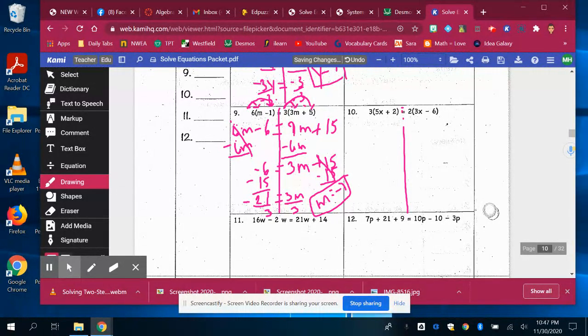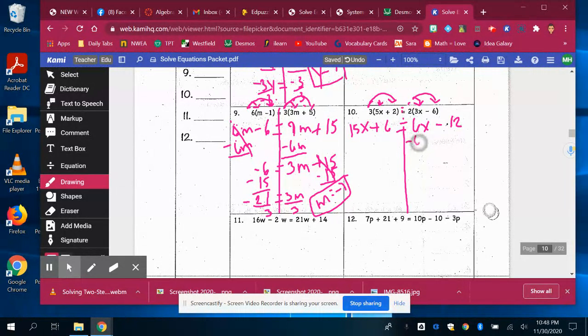For number 10, you needed to distribute this 3 and get 15x plus 6. On the right side, distribute the 2. I get 6x minus 12, and that's minus 12 because I have a negative 6 times 2, which gives me a negative 12.